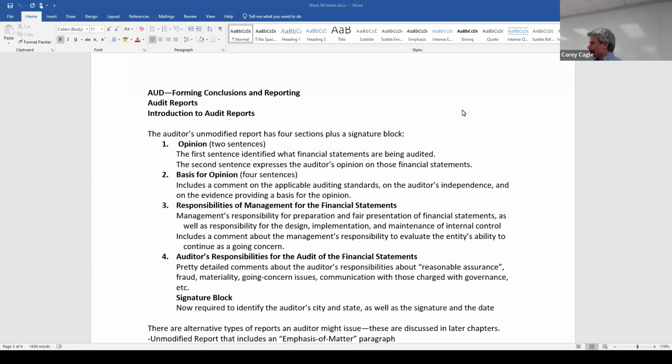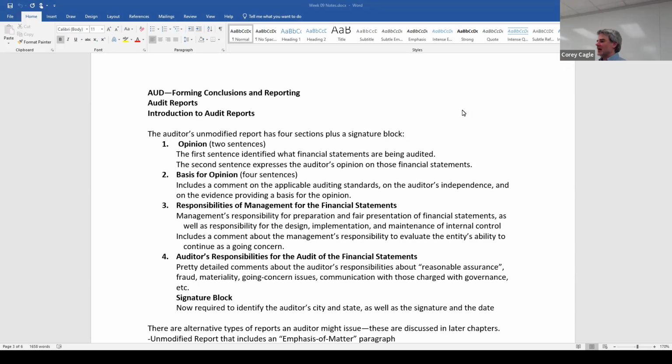Okay. We are required to be independent of the company and meet other ethical responsibilities in accordance with relevant requirements. We believe that the audit evidence we have obtained is sufficient and appropriate. There's that little buzzword again, sufficient, appropriate audit evidence. Sufficient and appropriate to provide a basis for our opinion.